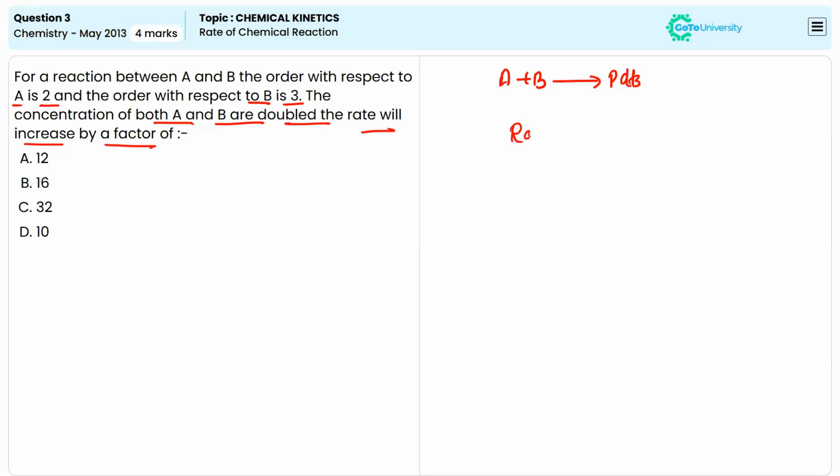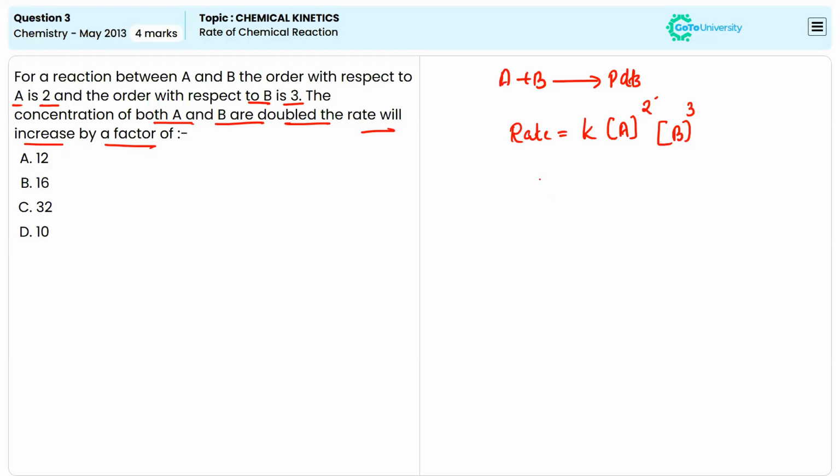So I can write the rate equation, that is equal to rate constant times A to the power 2, because second order with respect to A, B to the power 3, because third order with respect to B. So here the concentration of both A and B is doubling, right?